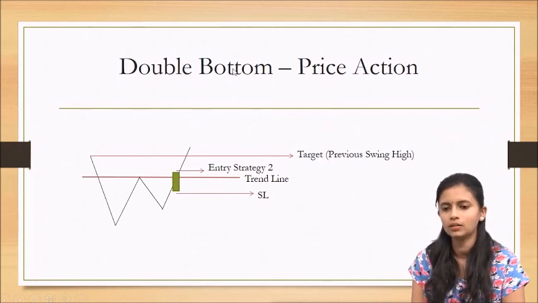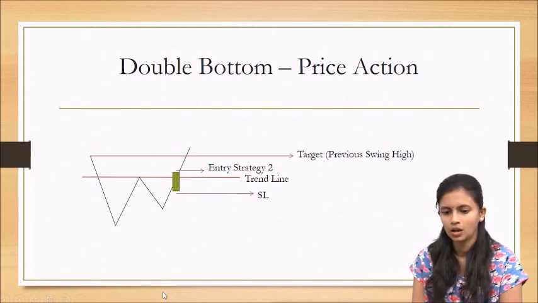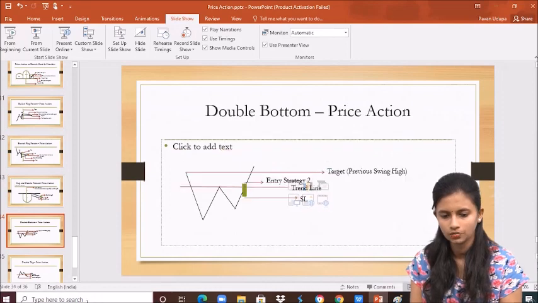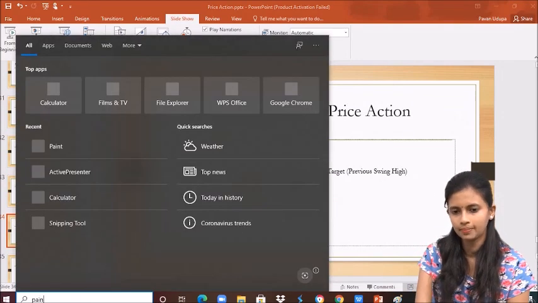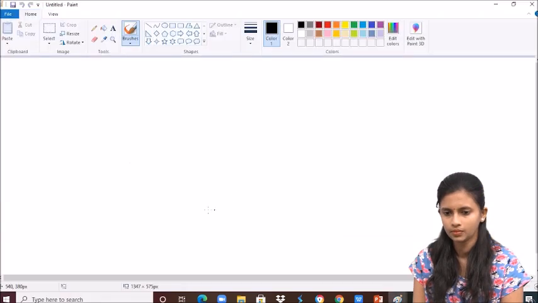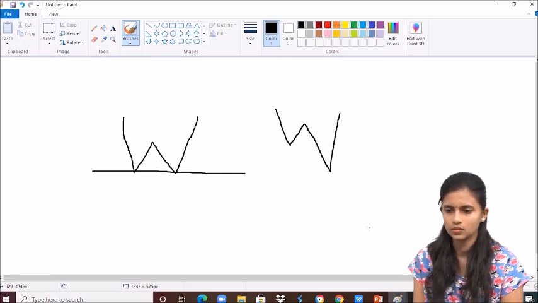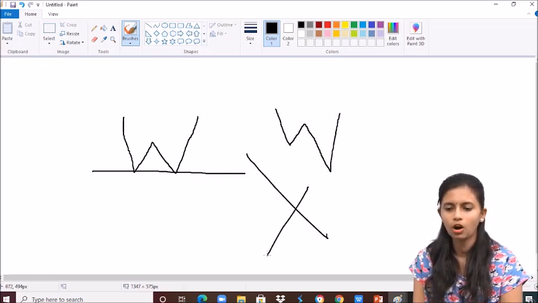The next pattern is double bottom pattern. This one, see how is the pattern? It is like this. Now if you see a pattern something like this, with the same bottom, or something like this, these are not considered to be a proper setup.